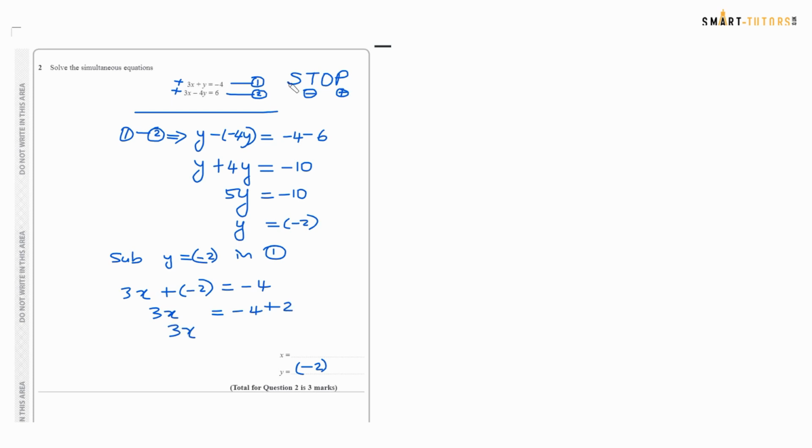So 3x equal minus 4, minus to go other side is plus 2. 3x equal minus 2. X equal minus 2 upon 3. So x equal minus 2 upon 3. That is our final answer.